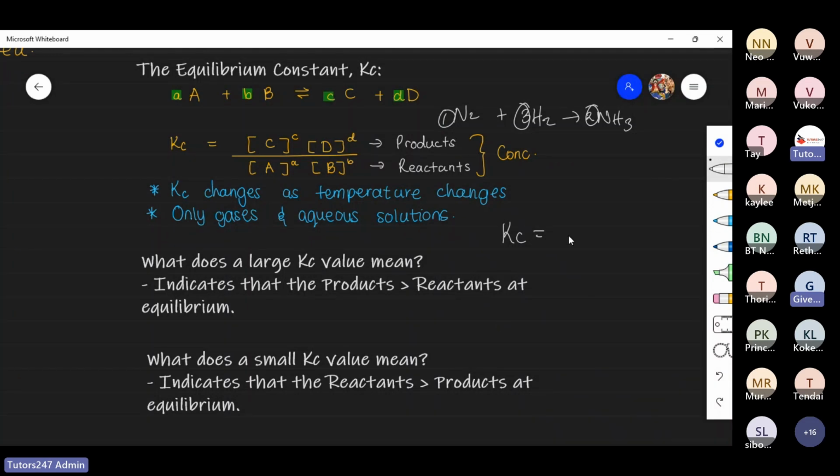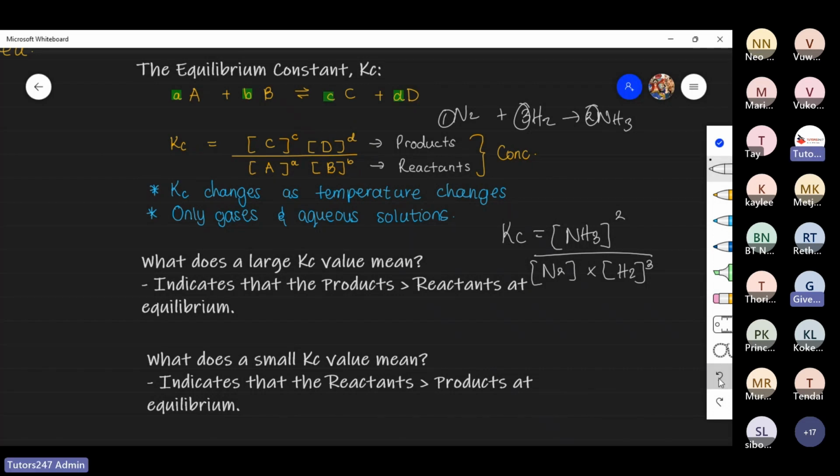So we'll have the concentration of NH3 to the power 2, all over the concentration of N2. Since N2 is to the power 1, we can leave it, and hydrogen to the power 3. So that is how you would represent your Kc equation for the formation of ammonia gas, okay?